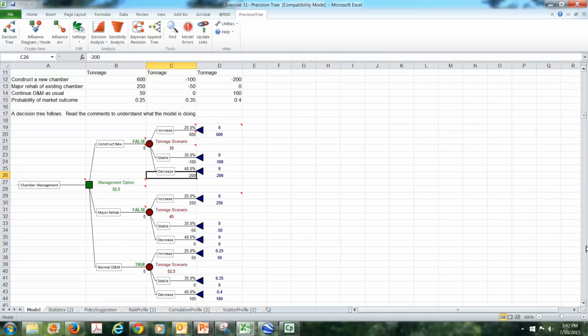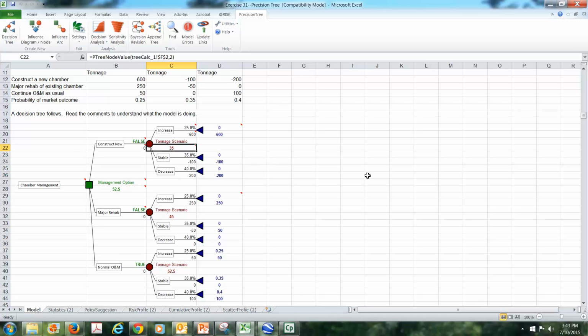Okay? Now in a decision tree, what happens is the model is back solving itself. So what we get is this value right here, this 35, it's basically 25% of $600. That would be 150. So if you want to jot that down, it's plus 150. 35% of minus 100 is minus 35.